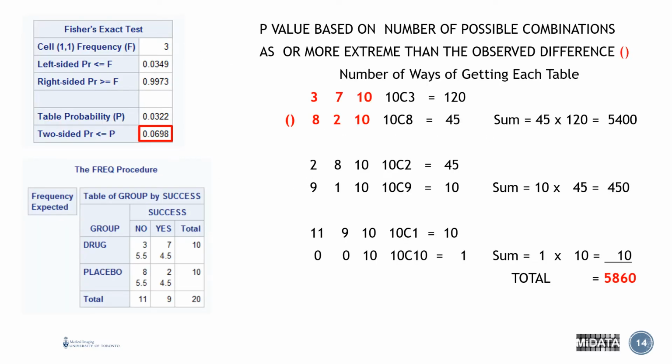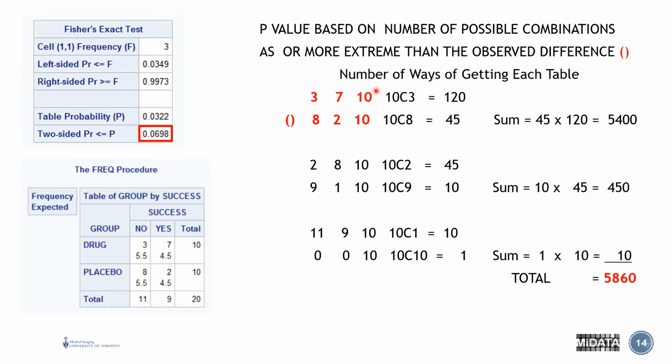So finally, how do we get the exact p-value? In this case, the p-value will be based on the number of possible combinations as or more extreme than the observed difference. So first we calculate the number of ways of getting each table. So I say each table because this is the table we observed. If you remember, this is drug and placebo. And these are two more tables that are more extreme than the one we observed.